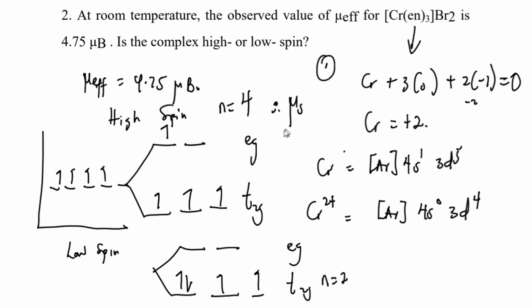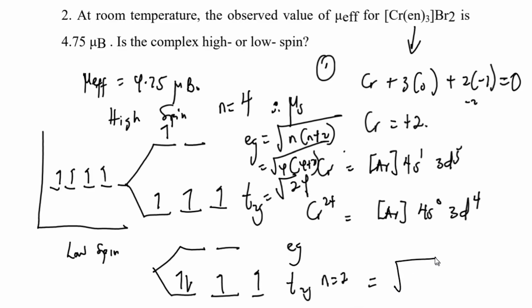So the spin-only value here is basically root n into bracket n plus 2. So we have this to be root of 4 into bracket 4 plus 2, and we have it to be root 24. And for this it is going to be root of 2 into bracket 2 plus 2, so we have this to be root 8.